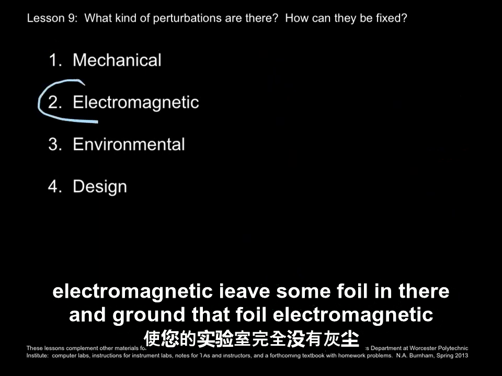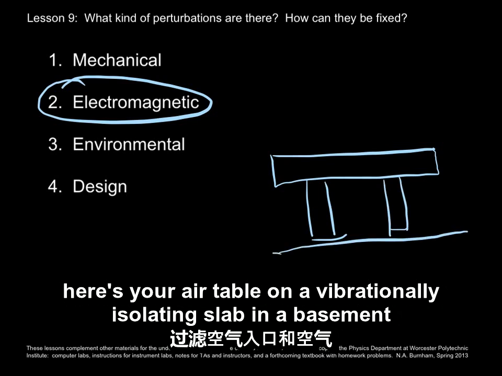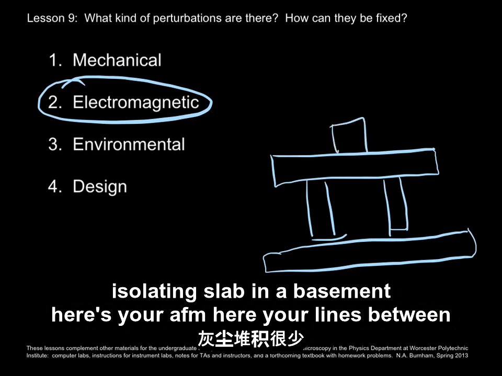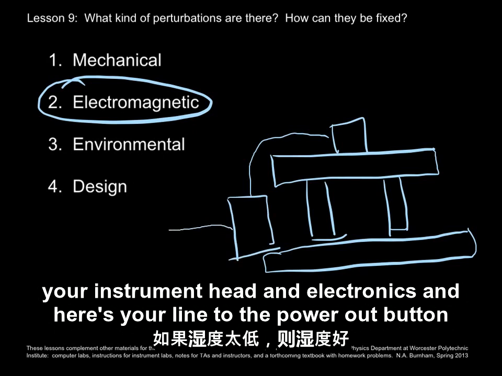Electromagnetic. Here's your air table on a vibrationally isolating slab in a basement. Here's your AFM. Here are your lines between your instrument head and electronics, and here's your line to the power outlet on the wall.